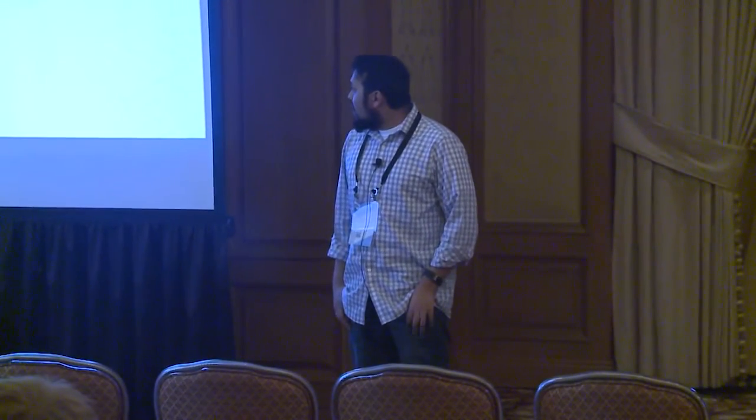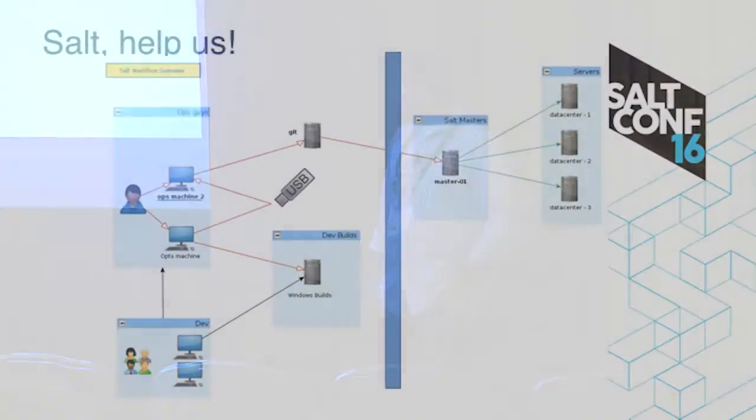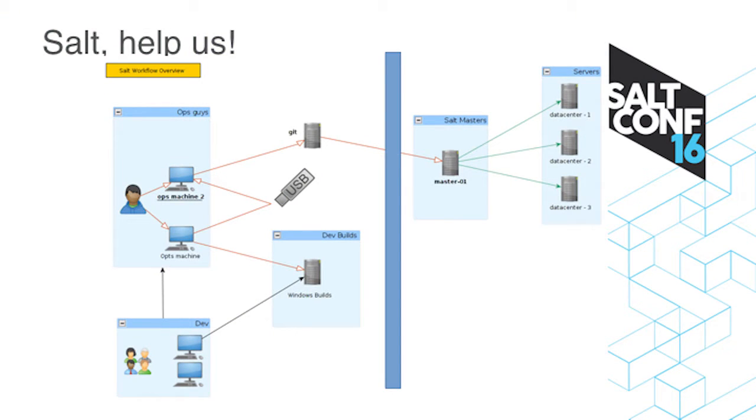So in the beginning, our initial Salt infrastructure looked kind of like this. We had our dev guy. He'd make some code, and he'd build it out, and it would get stored on some Windows build server, and then he would request our ops guy. Our ops guy would sit there, and he would get this request, hey, I need to bump this version of this software.